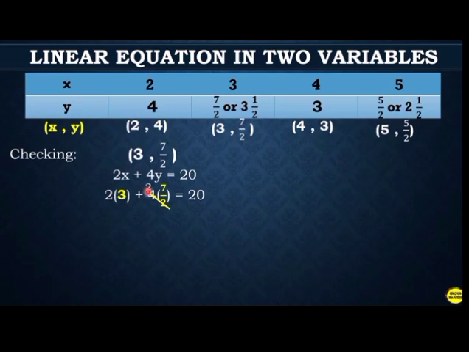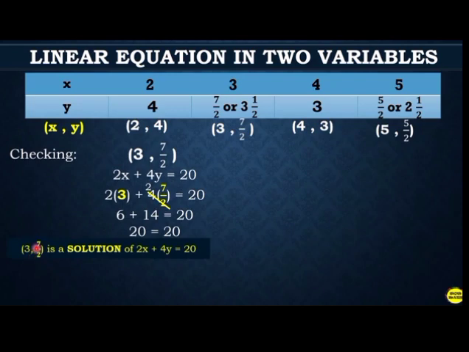Then we get 6 plus 14 equals 20. So 20 is equal to 20. Okay, so 3 and 7 over 2 is a solution of 2x plus 4y equals 20.